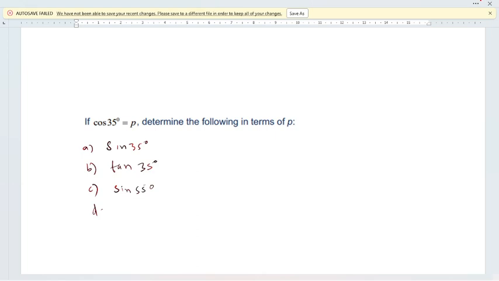Number D, let's have the cos of 55 degrees. And then E, let's have the tan of 55 degrees. Right, let's do just this once. Then I hope you will give me the correct answers.